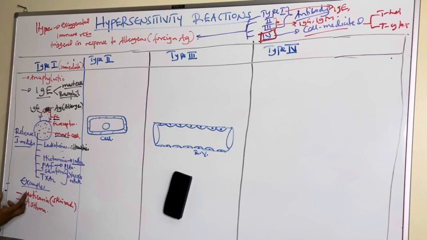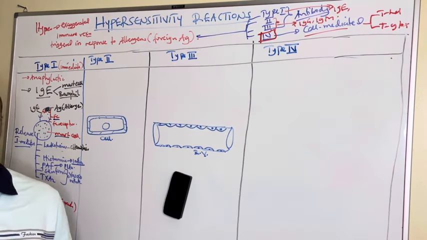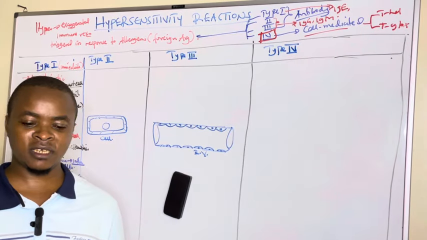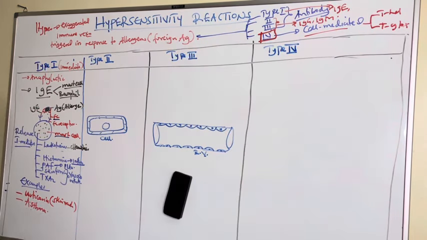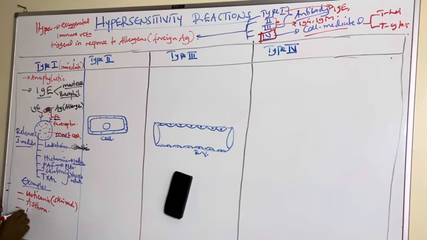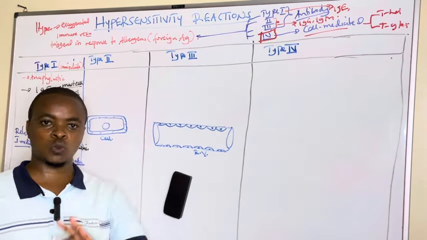And then examples include urticaria, that is skin rash, and asthma attacks, as examples of hypersensitivity type 1 reaction. Sometimes we have also added other allergic reactions as part of hypersensitivity type 1. So the next type we can talk about is type 2.